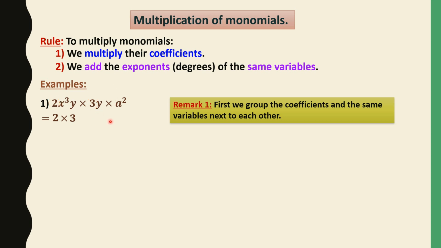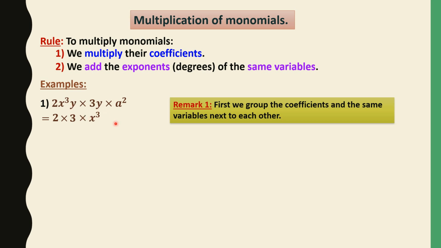Now, next step is we group the same variables next to each other. Here we have x cubed. Do we have another variable x here? No, so we copy x cubed by itself, times x cubed. Now the other variable here is y. So we have here y and y.